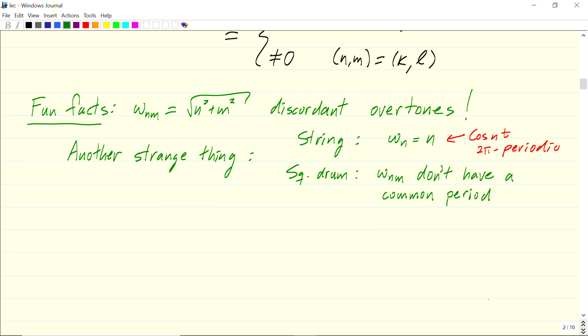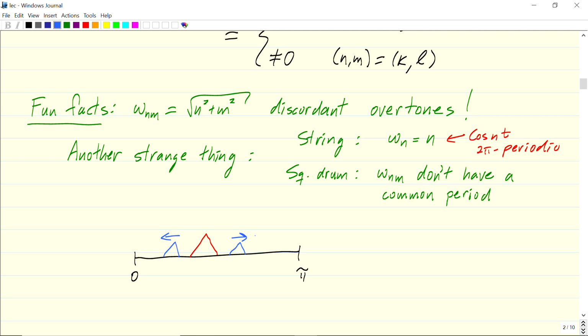So let me tell you what the string does. Let's do a string. Remember when I made a little blip in the middle here? That's like whacking it with a drumstick, maybe. And then those would shrink, and I get half the size going that way, and half the size going that way. There'd be a funny rabbit ear thing when they split up and go their separate ways.